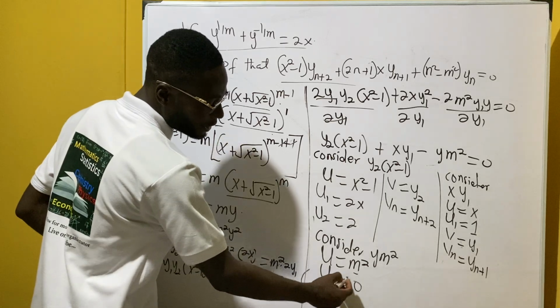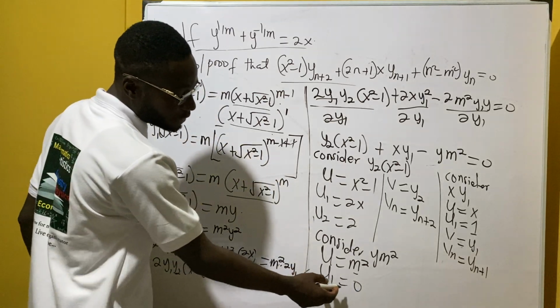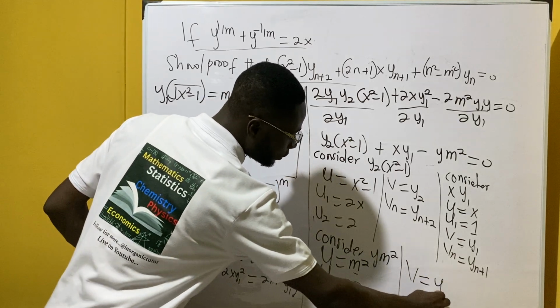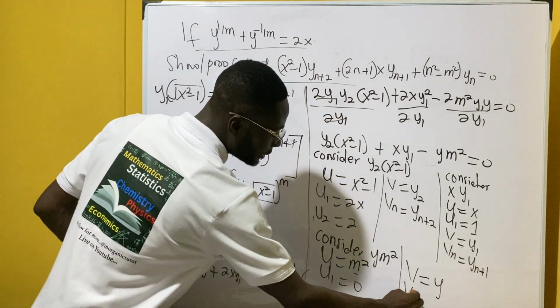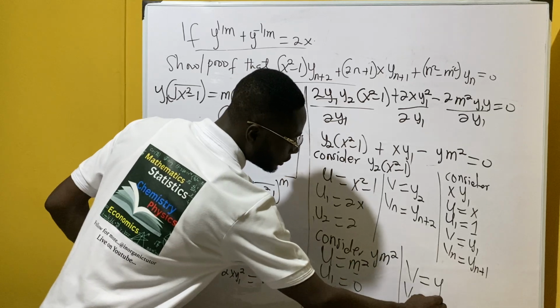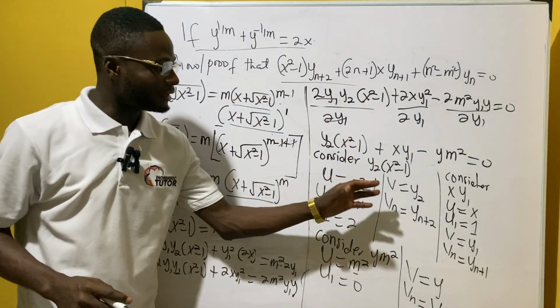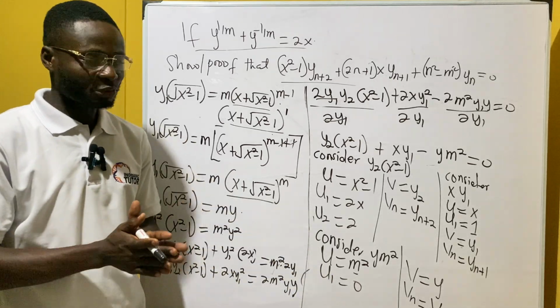Then we can say that our v is equal to y, so vn is equal to yn. So those are the parameters we have right here.